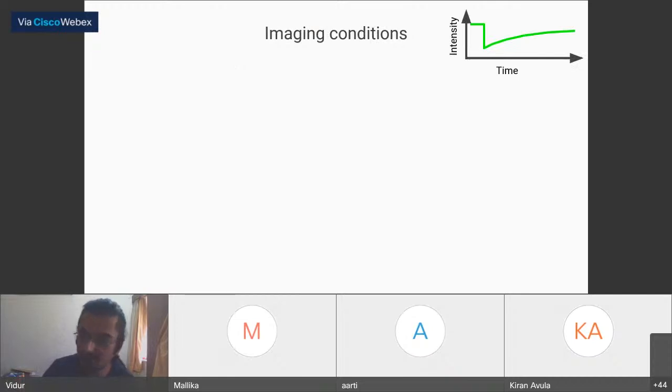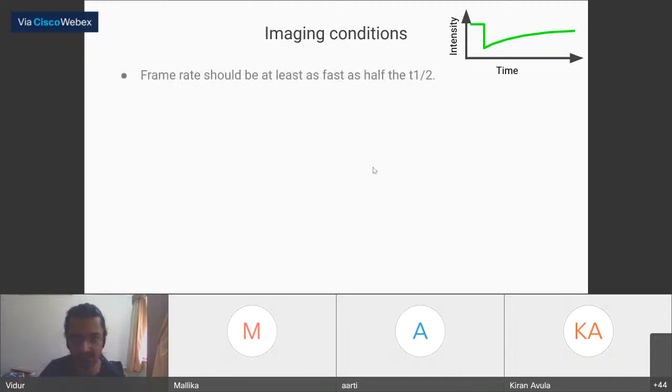The second set of practical considerations that have to be kept in mind are about imaging. So the first one is that the frame rate should be at least as fast as half the half-life. So just to give you a sense of what this means, I'll just annotate.